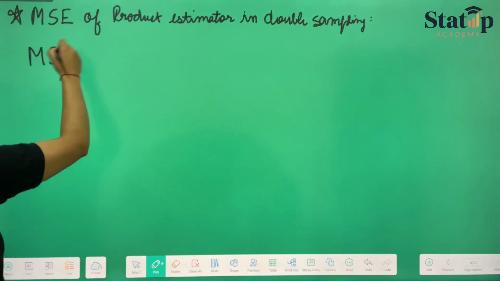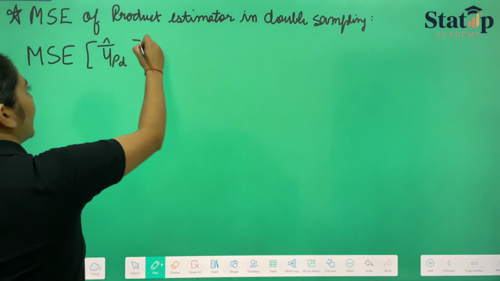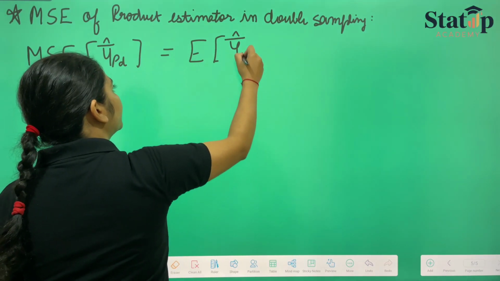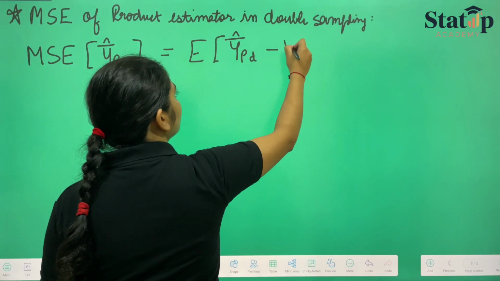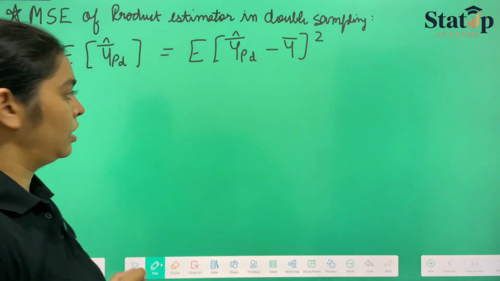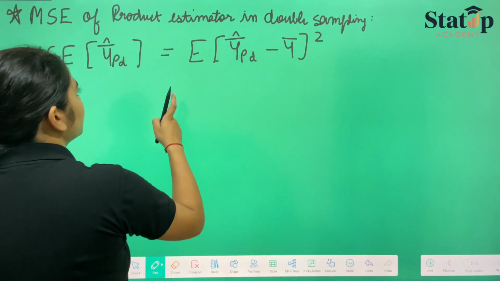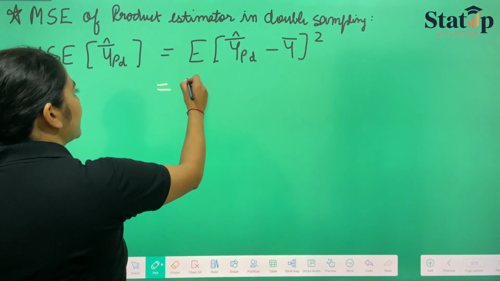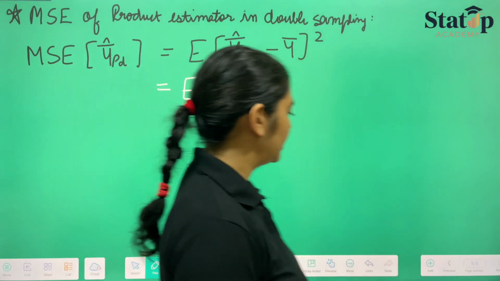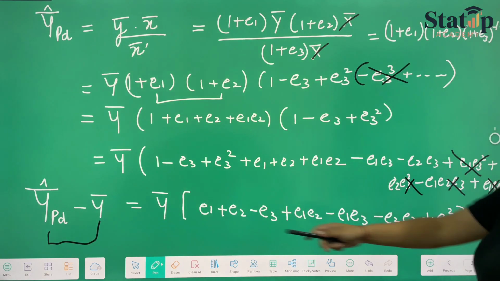So mean squared error of product estimator in double sampling can be written as estimation of the mean of product estimator in double sampling minus y bar, the mean of y. So this can be further written as estimation of, now y bar minus this value.